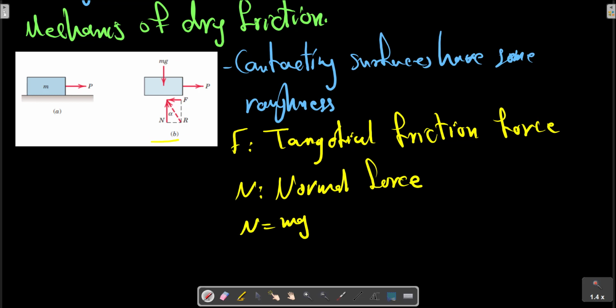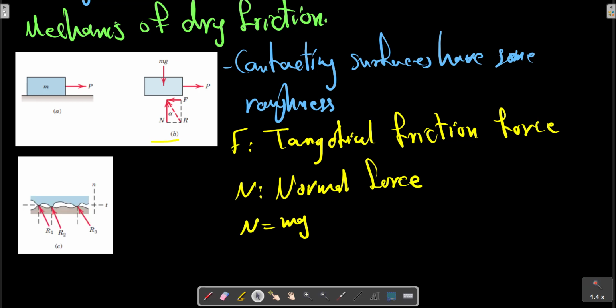A magnified view of the irregularities of the mating surfaces is shown in the picture here. It helps us to visualize the mechanical action of friction. Support is necessary, intermittent, and exists at the mating humps.